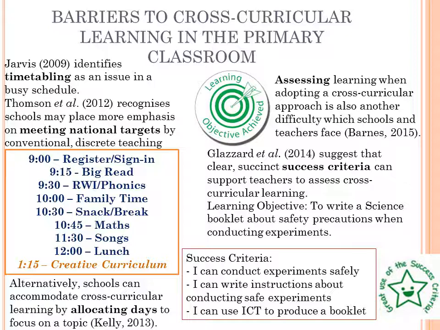The teacher could set the following success criteria. I can conduct experiments safely, covering the science element of the project. I can write instructions about conducting safe experiments. This could be the English element. I can use ICT to produce a booklet. This covers the computing feature of the project.